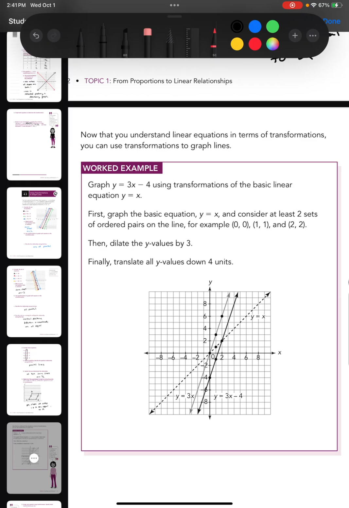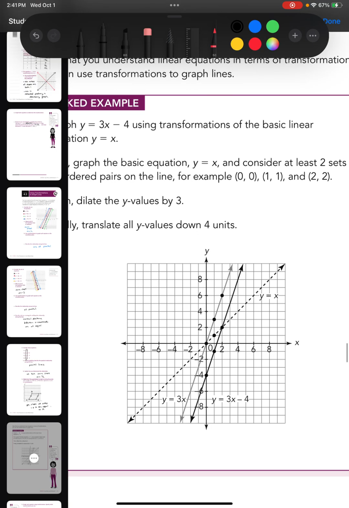First, we dilated it by a factor of 3 to change the slope to 3 over 1, so the slope changed from up 3 to right 1. And then a vertical shift of down 4, moving the y-intercept down to negative 4 on the y-axis. We end up with our new line, which I'll star right here, of y equals 3x minus 4.